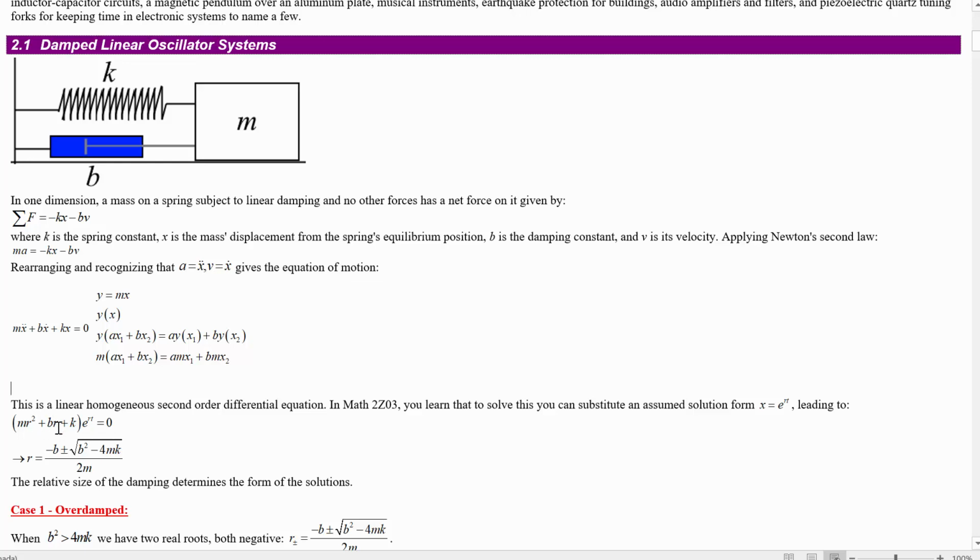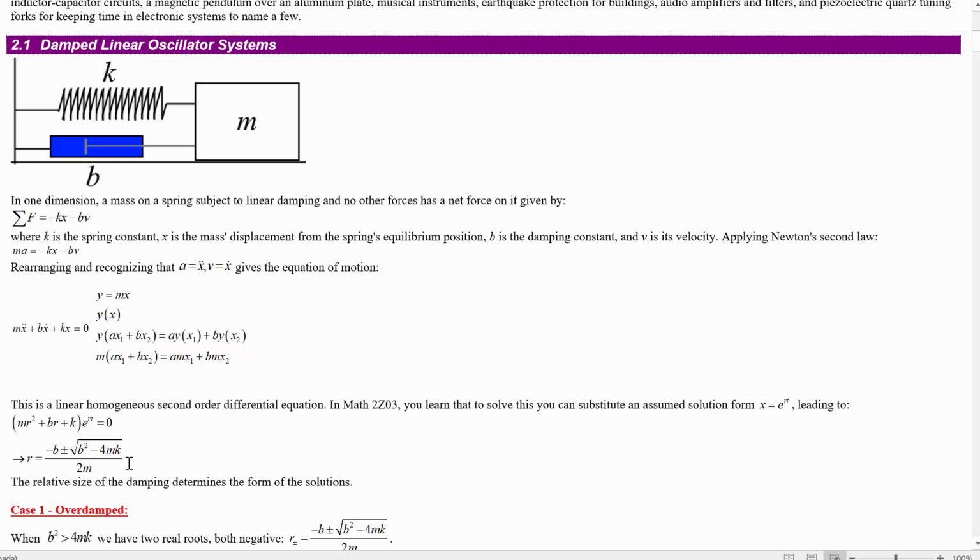You can then factor out the e to the rt from what you get when you substitute this form into here and find that this works as long as e to the rt times this thing is 0. But e to the rt is never 0, so it must mean that this thing in front is 0, which means r has to be negative b plus or minus root b squared minus 4mk, over 2m. That's just the quadratic formula.